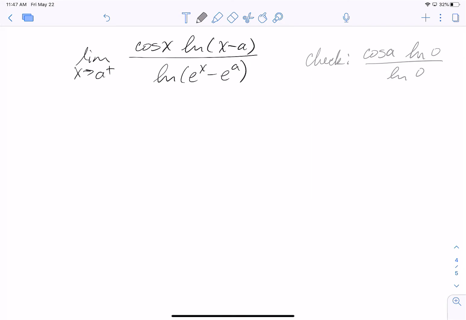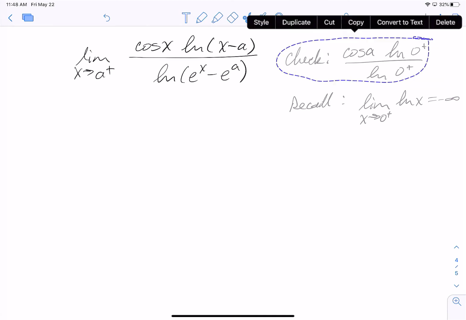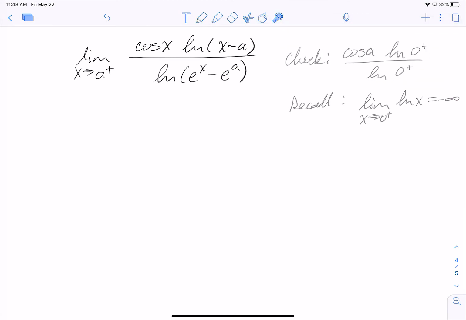I should note it's 0 from the positive side. We may recall that the limit as x approaches 0 from the positive side of the natural log of x is equal to negative infinity. And if you need confirmation on that, just draw a quick sketch of the graph of the natural log of x. So here we do end up with infinity over infinity.